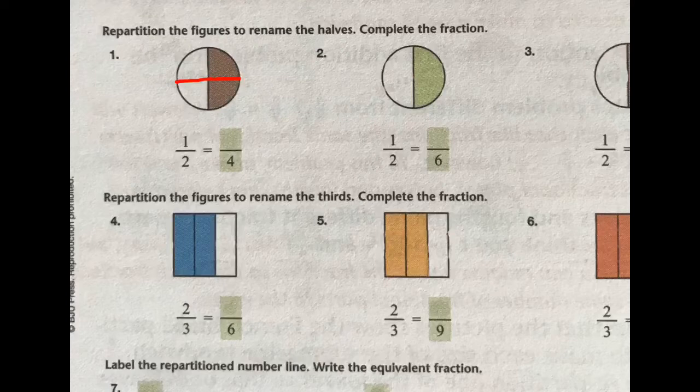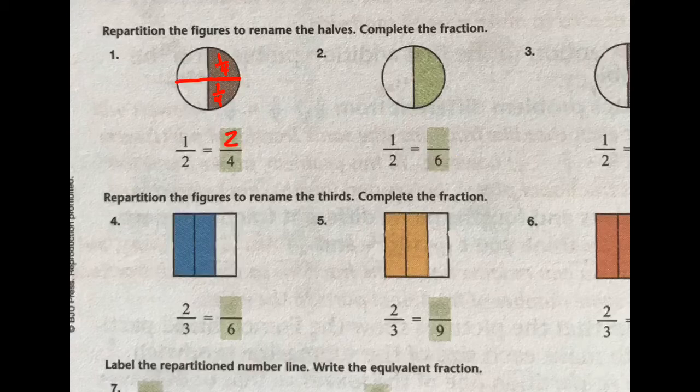It's still in the same place, but now we have 2/4 that is the same in value as 1/2, because the brown covers 2/4 of the shape. All right, let's take a look at number 2. See how much the green covers? 1/2 of that circle. But now we can see they want us to divide it into 6.